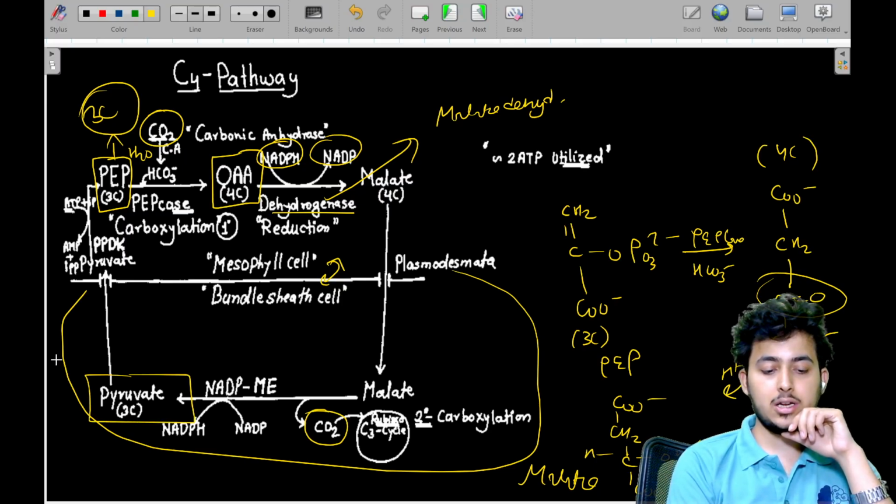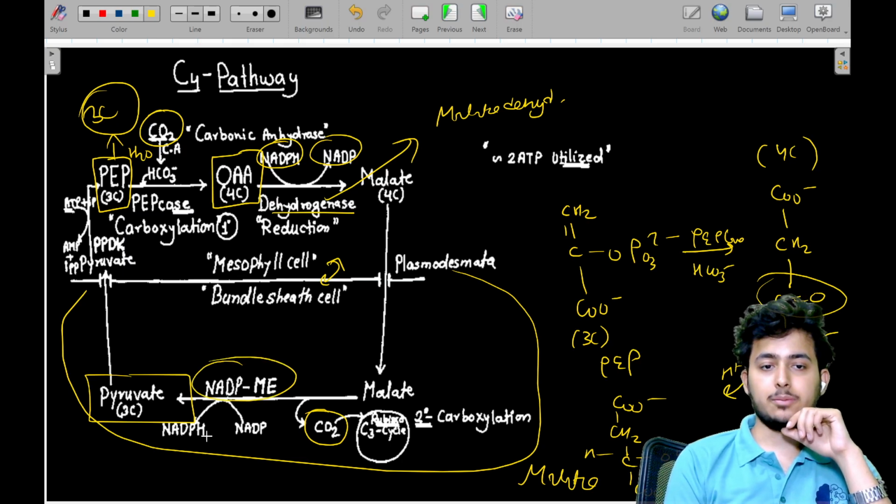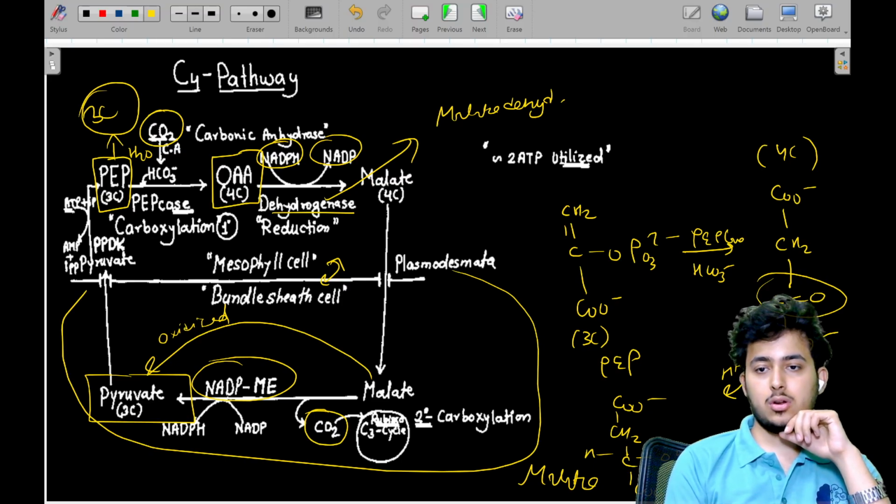Now the malate, with the help of a malic enzyme, this is happening with the help of NADP malic enzyme. Here NADP is getting reduced, so this part is getting oxidized. Once this is getting oxidized, from the malate that you had, you are able to form pyruvate.